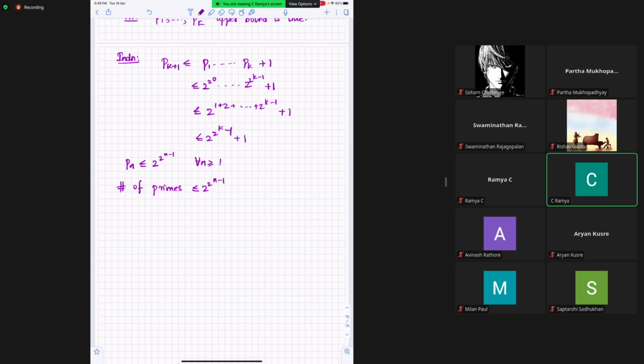How many primes are there between 1 and 2 to the 2 to the n minus 1? From what we have seen, at least how many primes? 10 primes. That is, pi of 2 to the 2 to the n minus 1 is at least 10. Is this clear to everybody? Otherwise we can go over this.